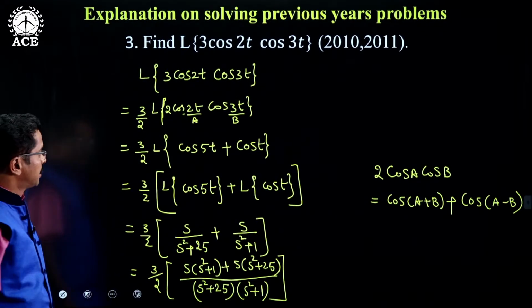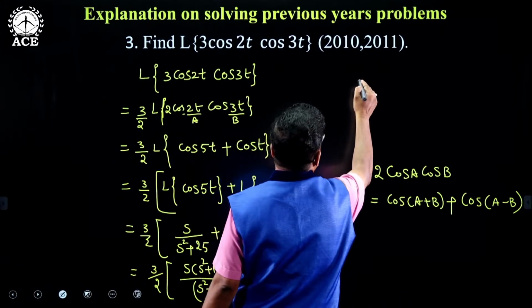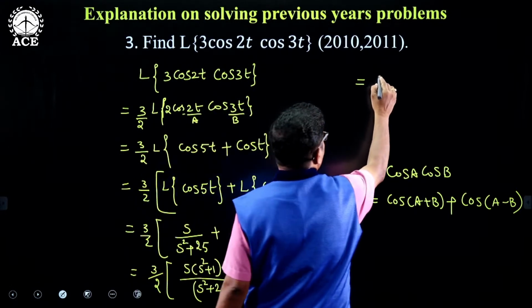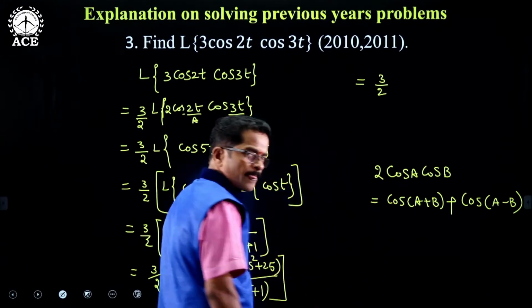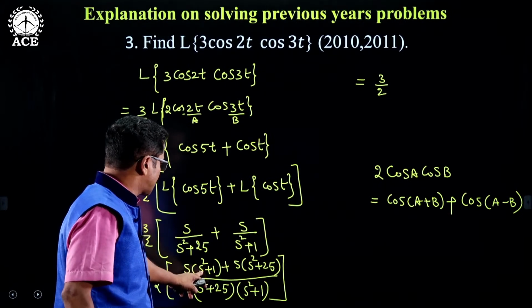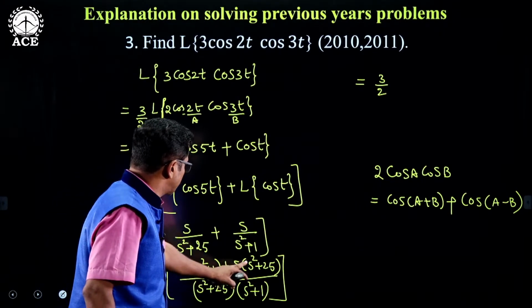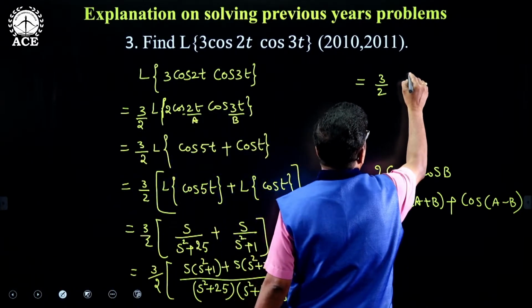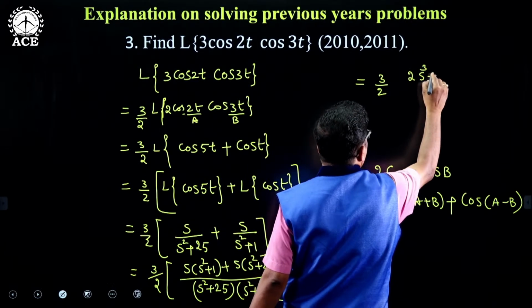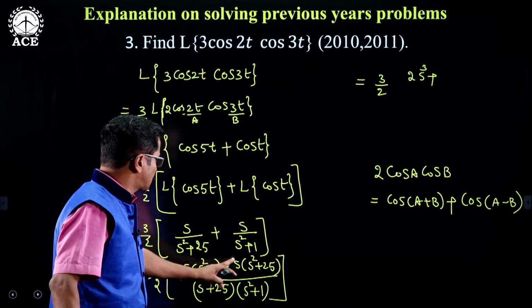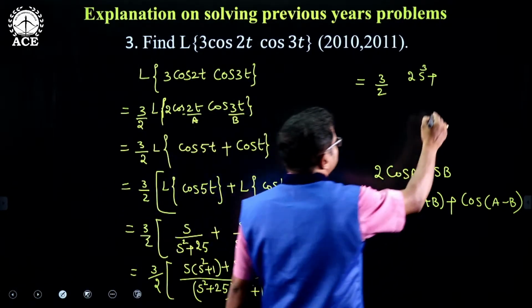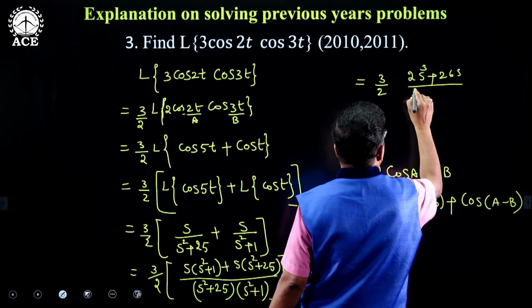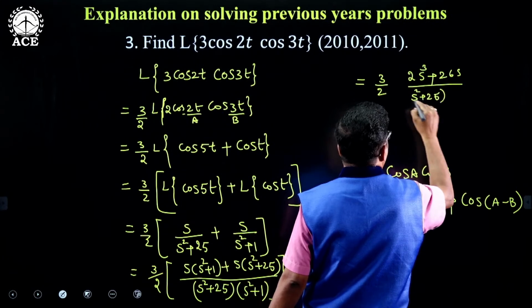So this equals 3 by 2 into s cube plus s cube, that is 2s cube, plus s plus 25s is going to be 26s, by s square plus 25 into s square plus 1.